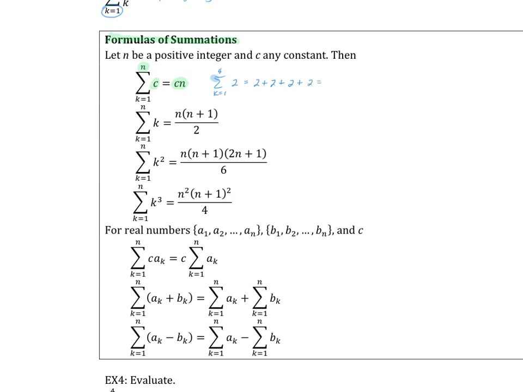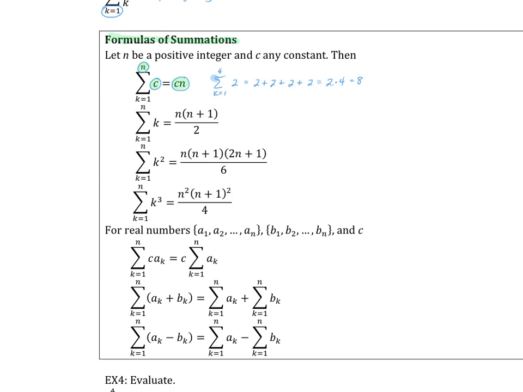And then 2 plus 2 plus 2 plus 2 is actually just 2 times 4, which is 8. Okay? So whenever you have just a constant number in your summation, you just multiply your n value where you end by your constant.